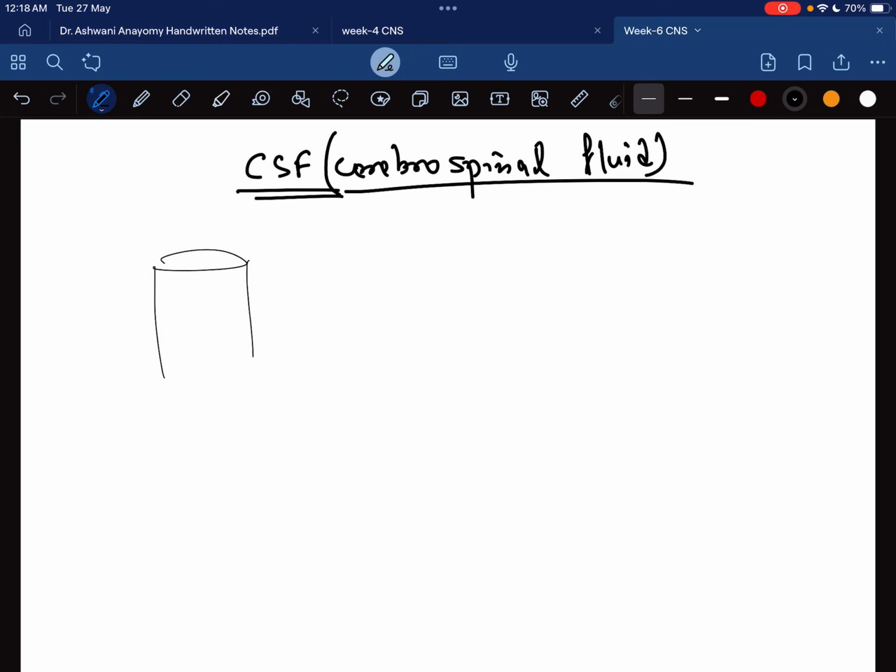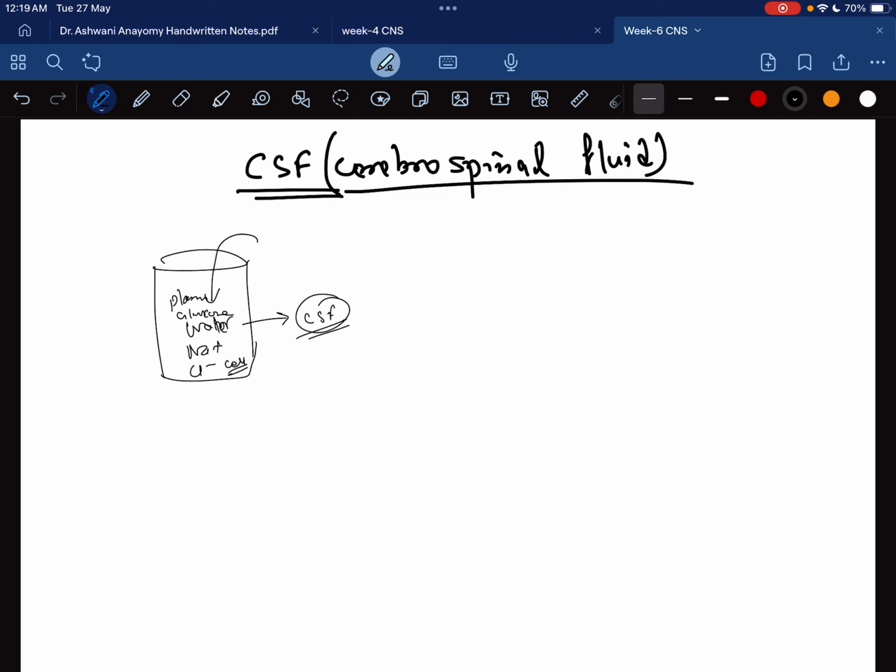Imagine this is a glass, and in this glass we have put some water, and there is sodium chloride, some plasma proteins, glucose, and a small number of lymphocytes. So this is the CSF.